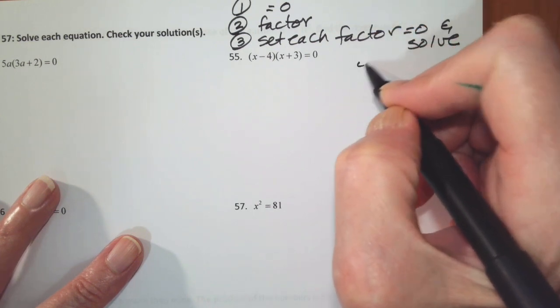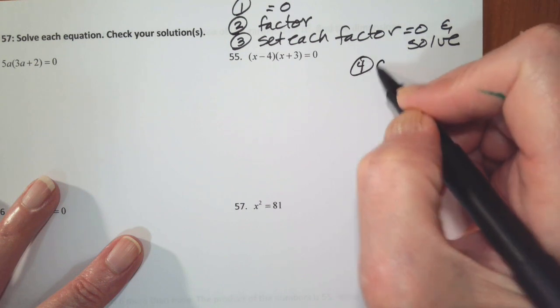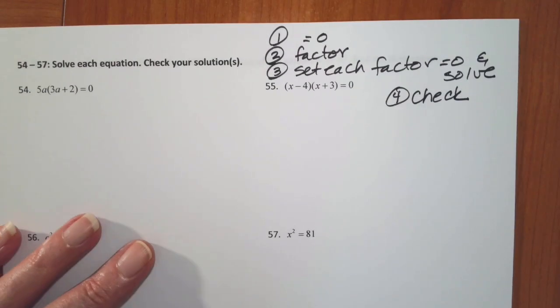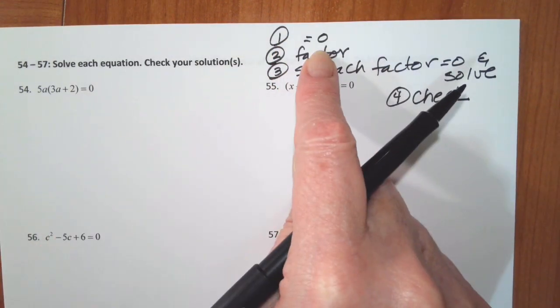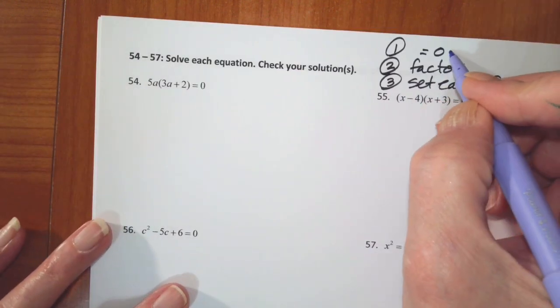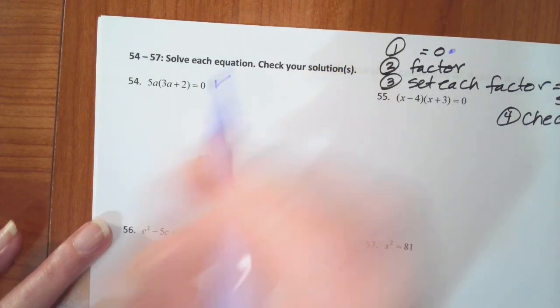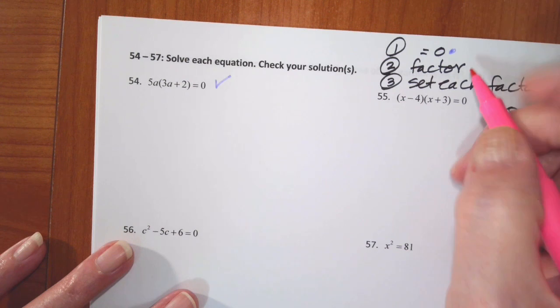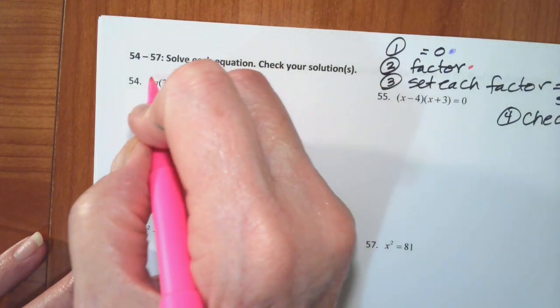And then, of course, number 4, you want to check. Okay. Make sure it's equal to 0 first. Don't be fooled if something is factored and it equals a number. Okay, so equal to 0, check. Factor is already factored.